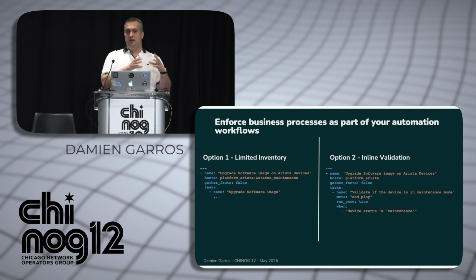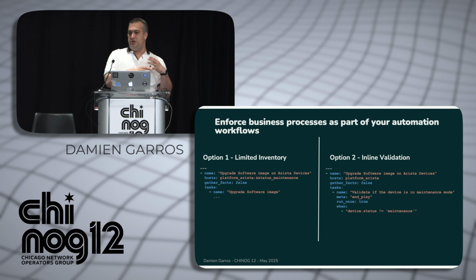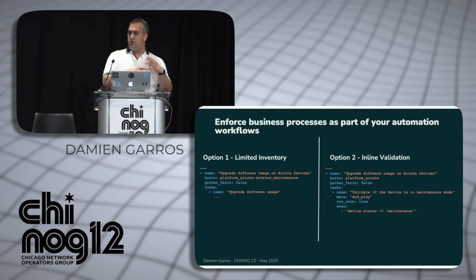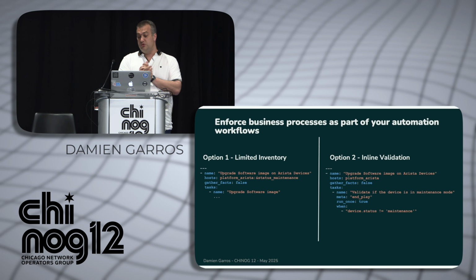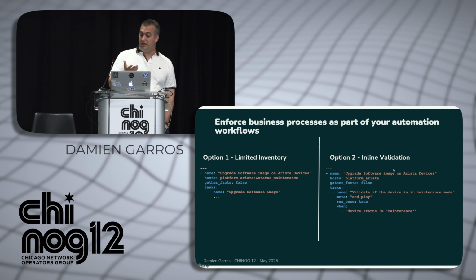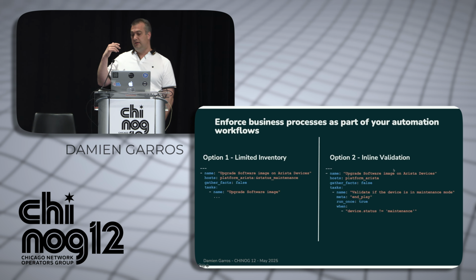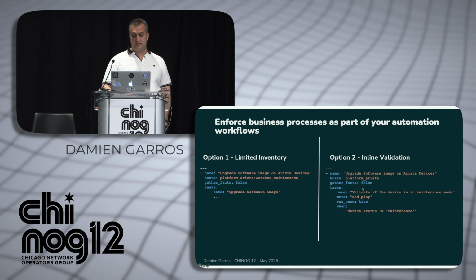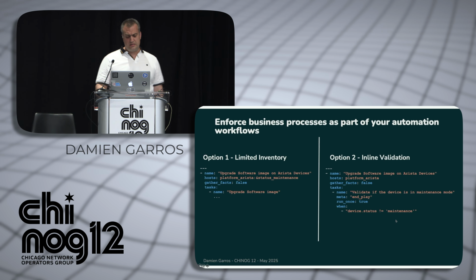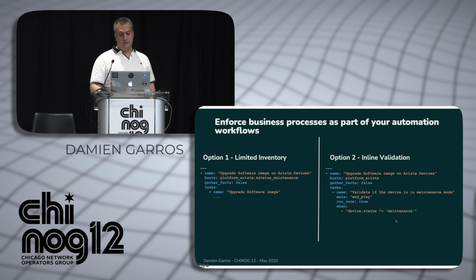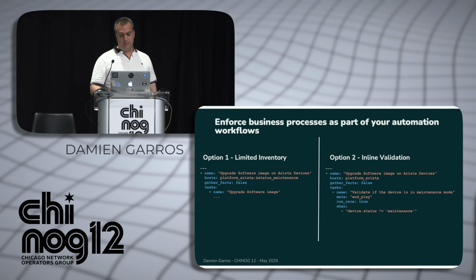You know that you're never going to apply a change outside of the maintenance windows if you're able to capture the maintenance windows in your inventory, in your source of truth system. And if you don't have control of your inventory, you can always have that as the first task and implement some of that. Those are some of the tricks that you can easily apply.